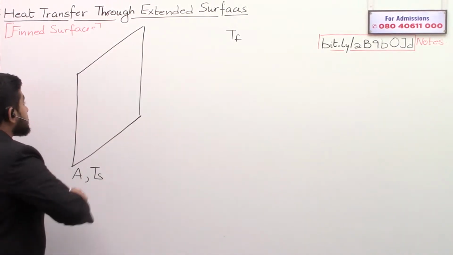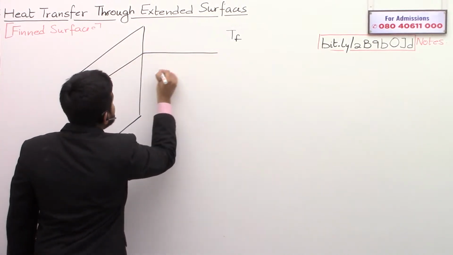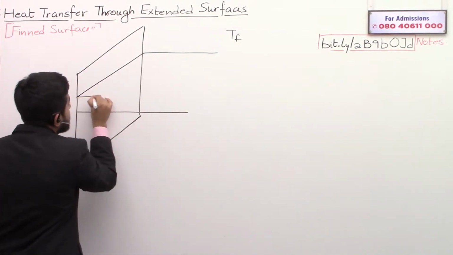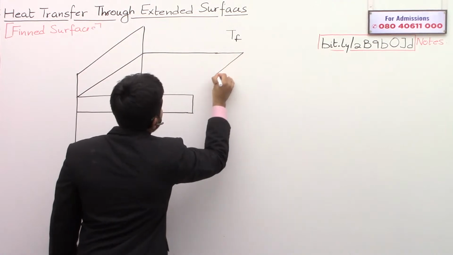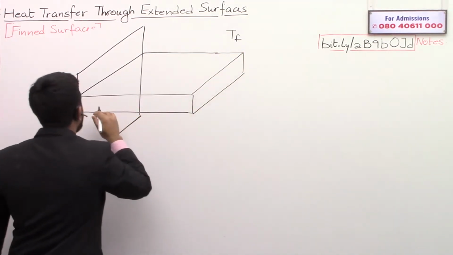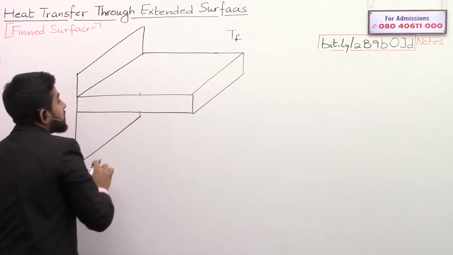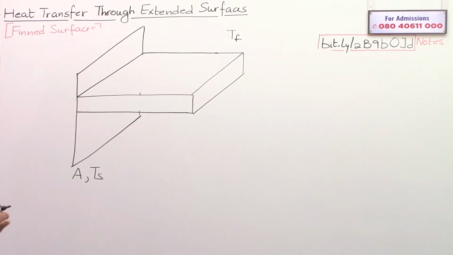Now, what we want is that there is an additional surface, an additional material on this solid surface, which we call a fin. And the purpose of this additional material is definitely to increase the rate of heat convection between the solid surface and the surrounding fluid.